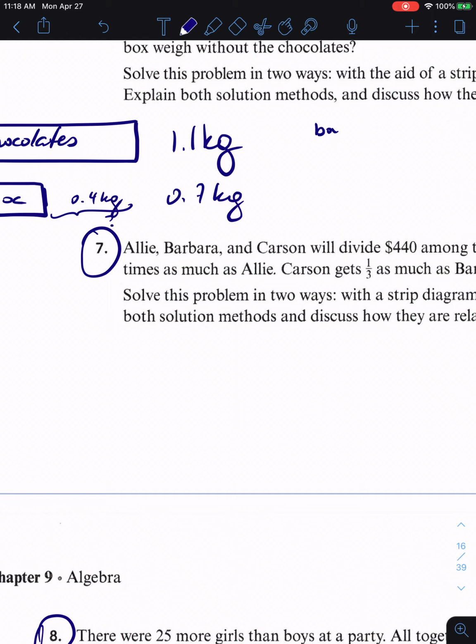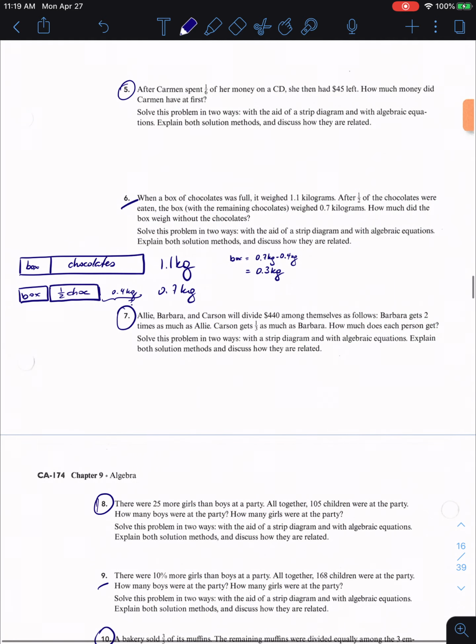So the box is going to be 0.7 kilograms minus the rest of the chocolates, which is the other half of the chocolates. So 0.3 kilograms is the box. Okay. So visually it makes sense, right?